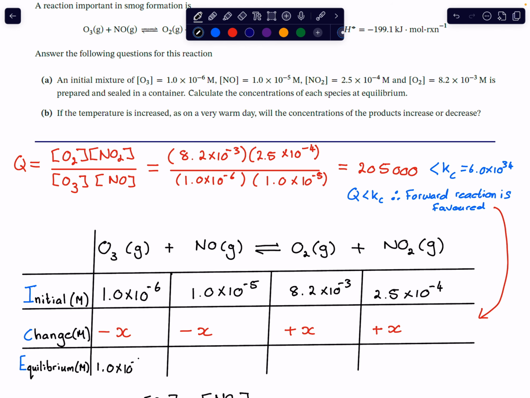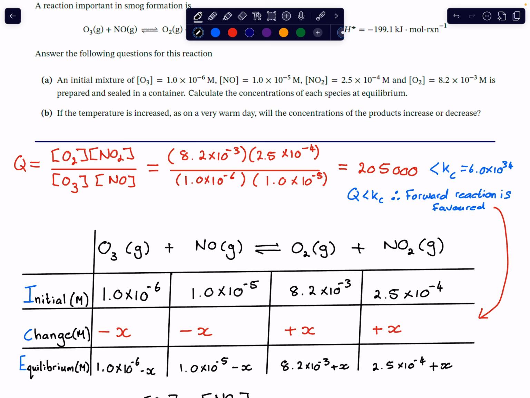Therefore at equilibrium, ozone is 1.0 times 10 to the negative 6 minus x, nitrous oxide is 1.0 times 10 to the negative 5 minus x, oxygen gas is 8.2 times 10 to the negative 3 plus x, and nitrogen dioxide is 2.5 times 10 to the negative 4 plus x.